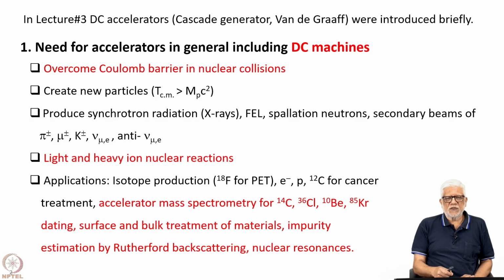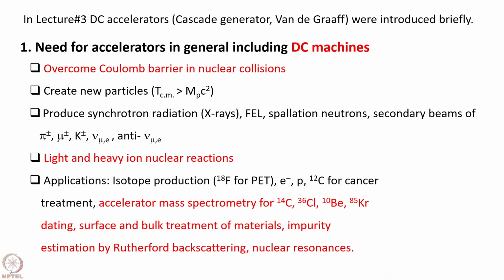And also for the surface and bulk treatment of materials, impurity estimation by Rutherford backscattering, measuring nuclear resonances, where, by the way, these DC machines have a particular advantage because you can make beams with a very narrow spread in energy, which is not so, in general, for RF machines. Of course, you can do special things in order to make the energy width narrower, but still you can't achieve the kind of energy width that you get from some of the DC machines.